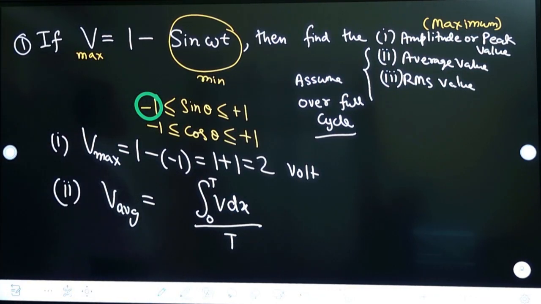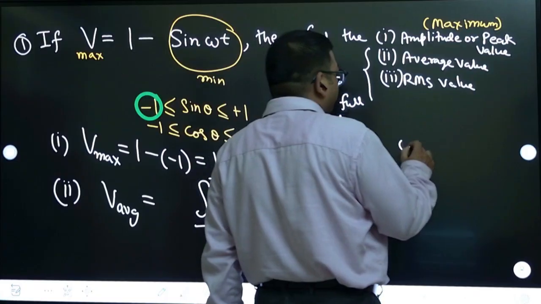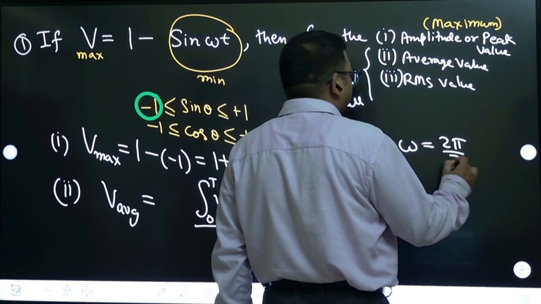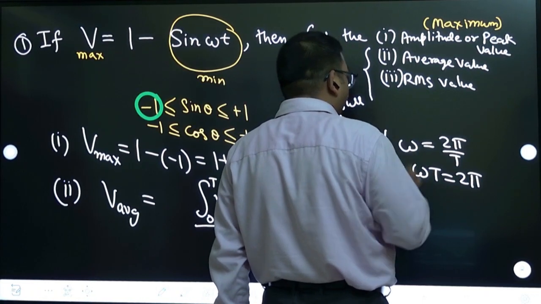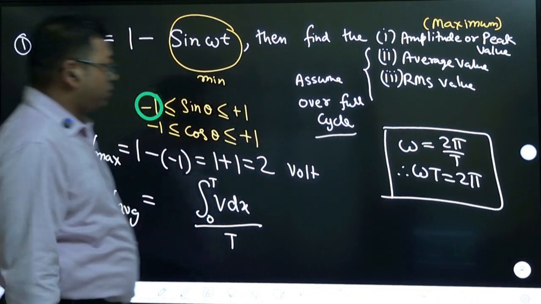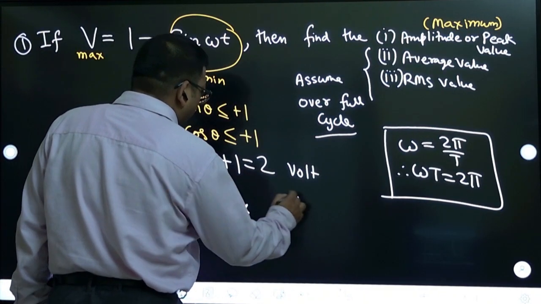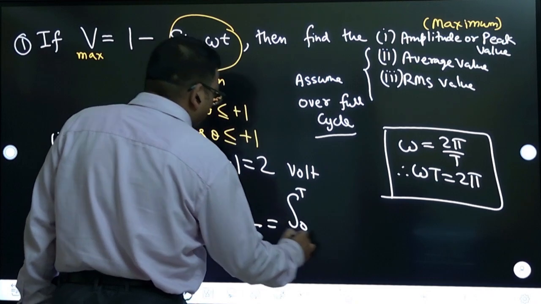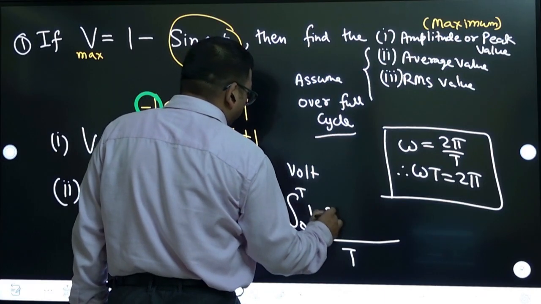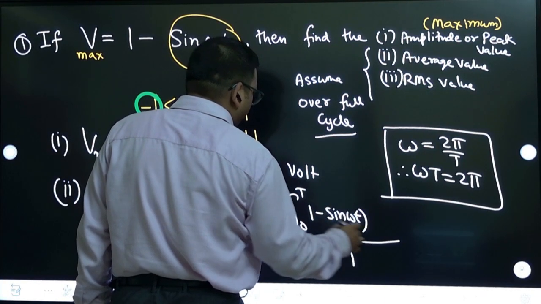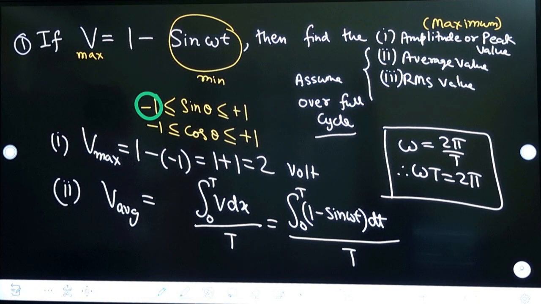This calculation we have to do. And we also know that omega is equal to 2 pi by the time period, so omega into T is going to be 2 pi. This information we already have. So we will substitute here: the v function is 1 minus sine omega t, with respect to time dt. This integration we have to do.